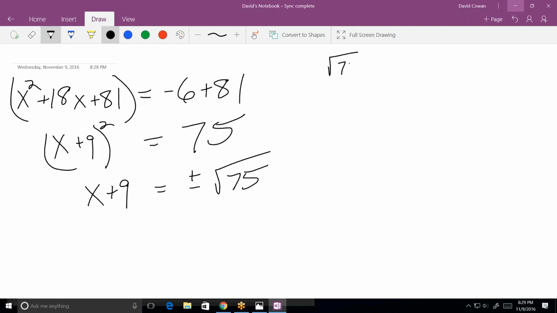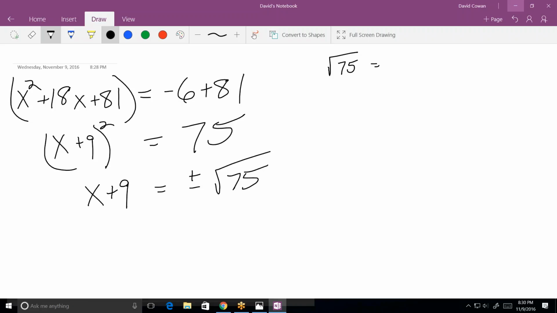Okay, so reduce square root 75. So it'd be x is equal to minus 9. Hold on, let's just reduce root 75 for starters. What you're looking for are factors of 75 where one of the factors is a perfect square.